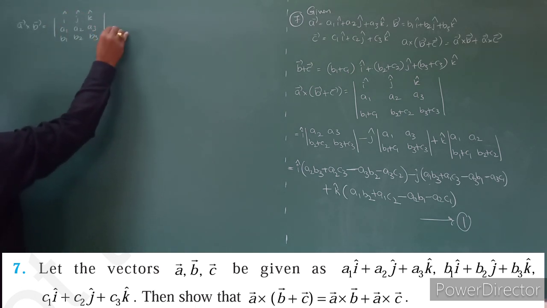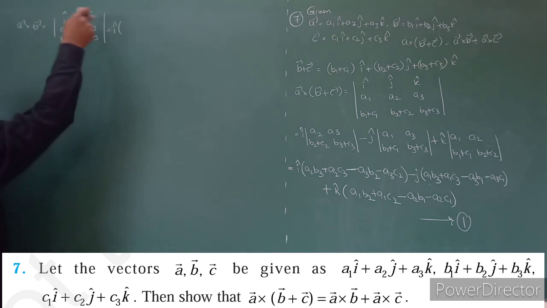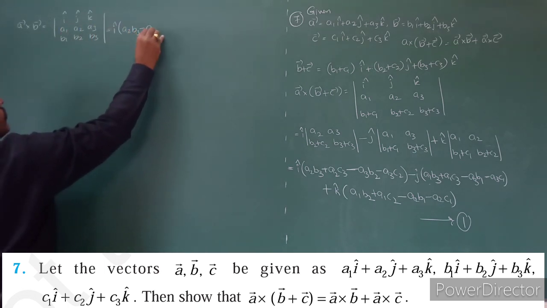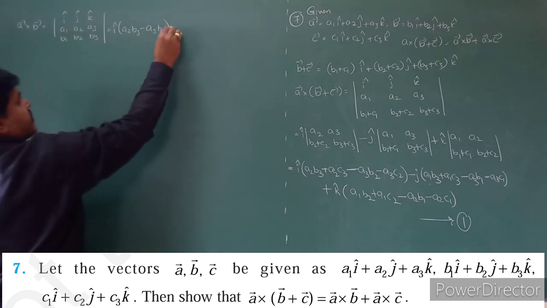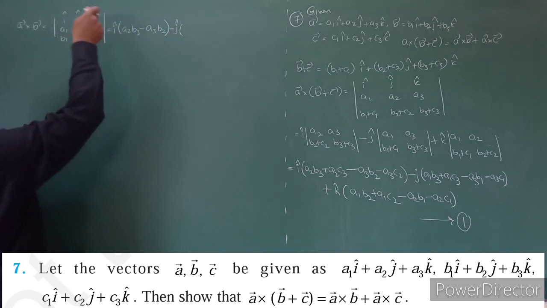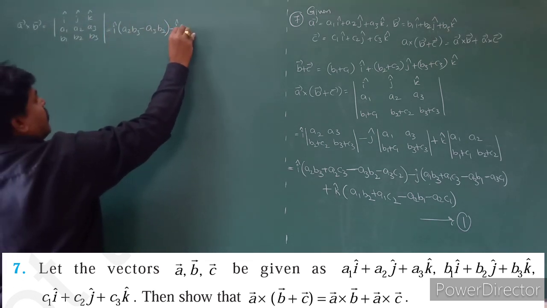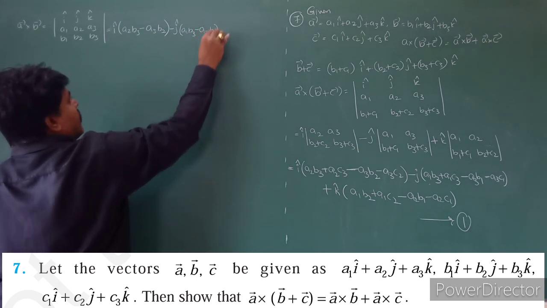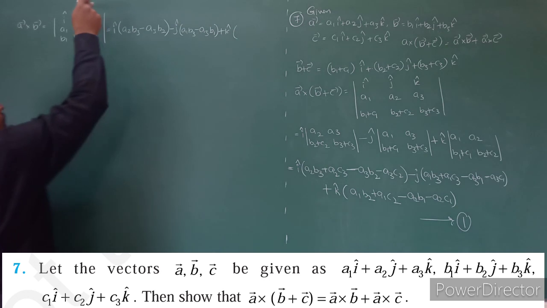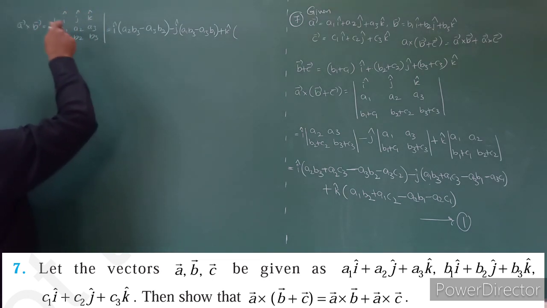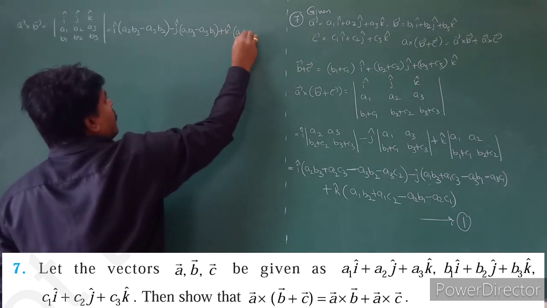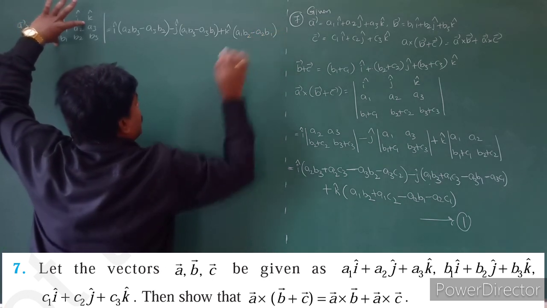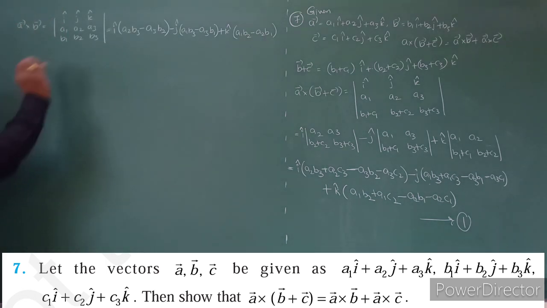That is equal to I into, removing that row and column, A2 B3 minus A3 B2, minus J, removing that row and column, A1 B3 minus A3 B1, plus K cap, removing the row and column, A1 B2 minus A2 B1. So A bar cross B bar is over.